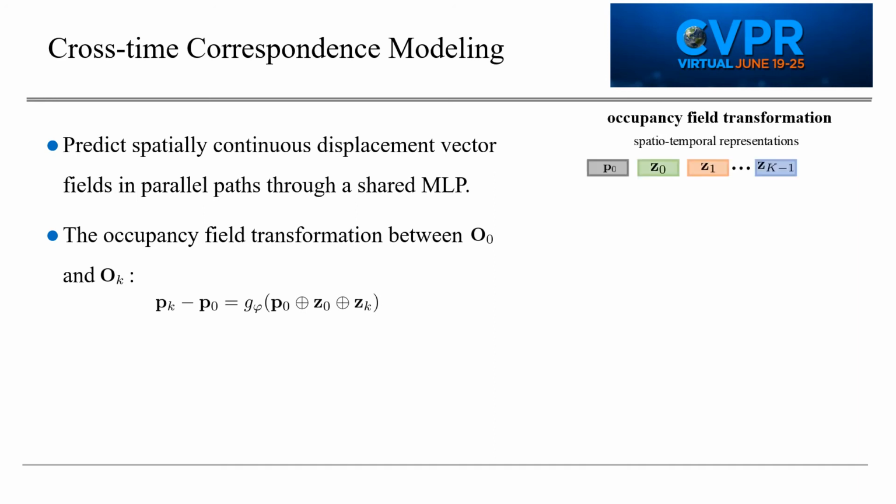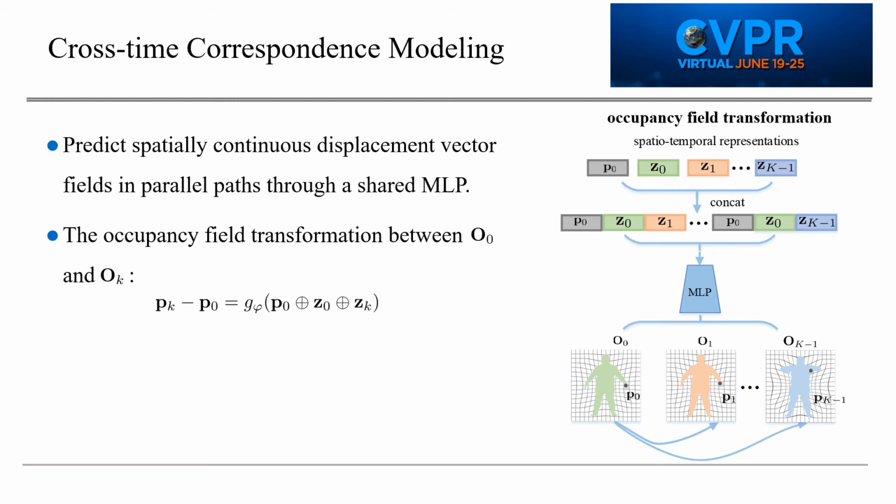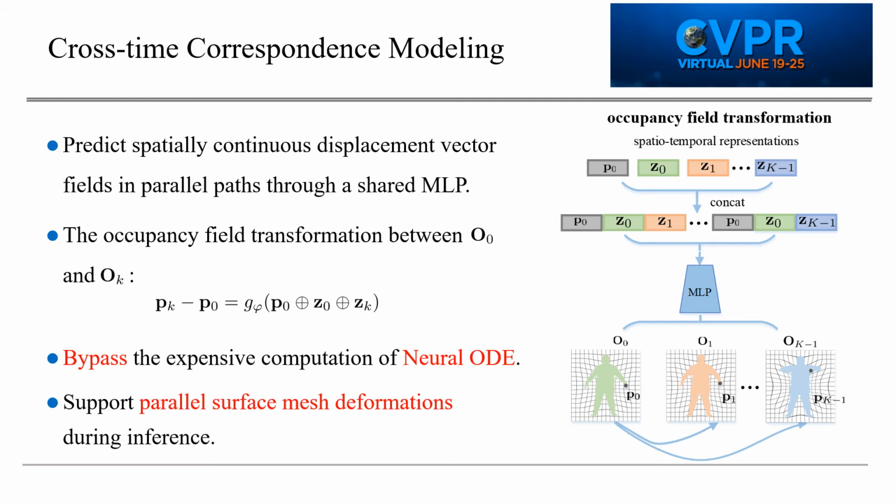We first concatenate Z0, Zk, and P0, and then pass them into the MLP to predict the displaced vector of P0 at time t0 to associate position Pk at time tk. Our approach can accelerate the inference speed because we bypass the expensive computation of neural ODE and support parallel surface mesh deformations during inference.